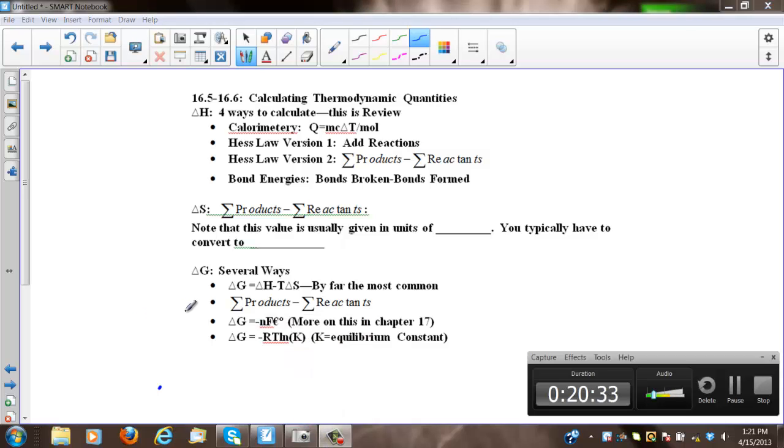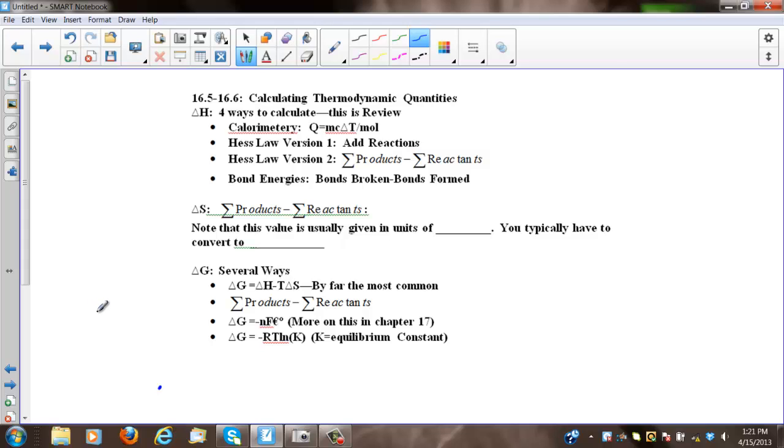And we've done bond energies, bonds broken, bonds formed. Remember when we do bond energies, since this is kind of a review, in this one it's always the sum of the reactants minus the sum of the products. This is the only one. All the others are products minus reactants; with bond energies, it's always reactants minus products.